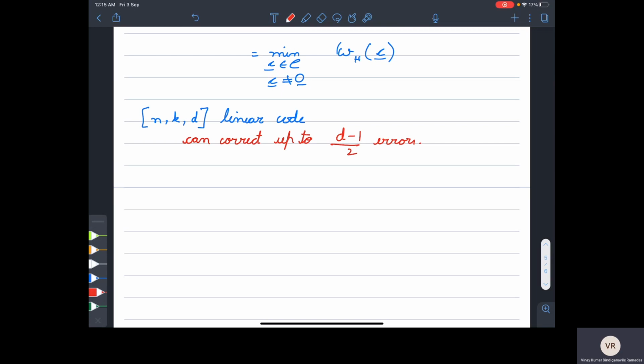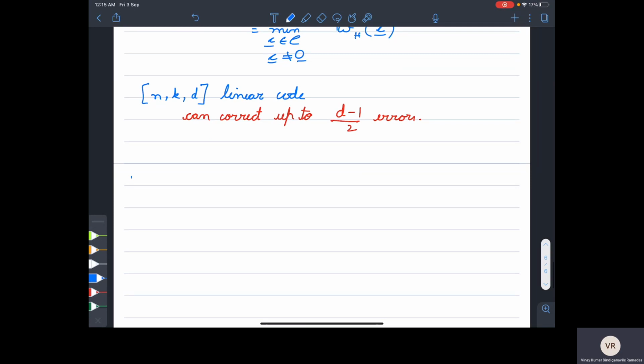Okay, so now that we know the structure of a linear code, how are the encoding and decoding operations done? Recall that our motivation is to come up with simple encoding and decoding schemes. These should be better than a random coding scheme or something like that. So first of all, let's look at encoding.